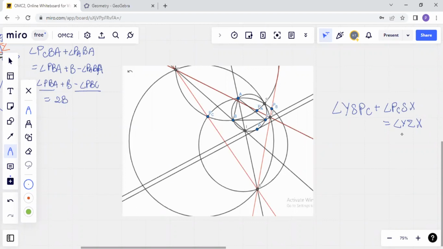So we have that angle YSPC is equal to angle YBPC and angle PCSX is equal to angle PCAX. We want to prove that this is equal to angle YZX, but remember that YZX is basically 180 minus 2C.